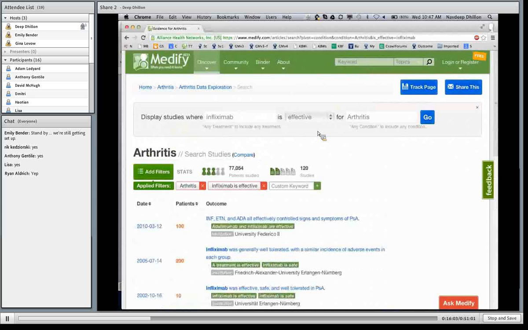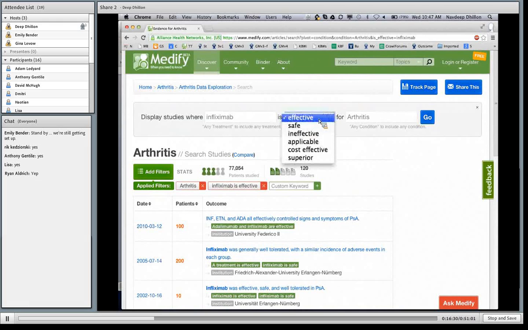For any of these, we can click through and get to the actual studies. In this case, I click through and get to a more advanced search interface with its defaults pre-populated depending on the entry point I entered. These are meant to be read left to right: display studies where infliximab is effective for arthritis.